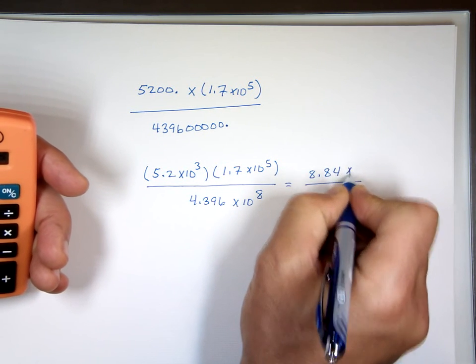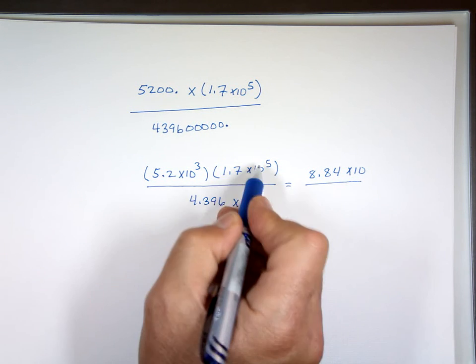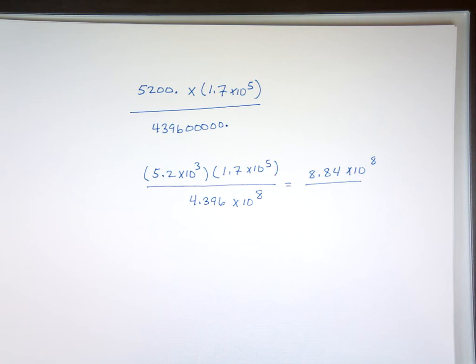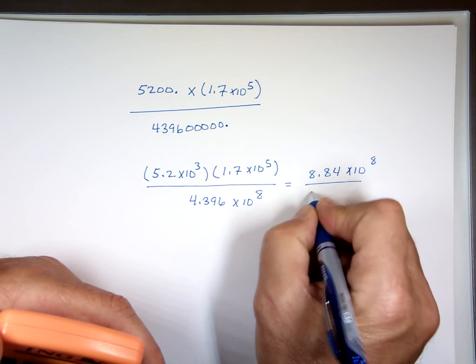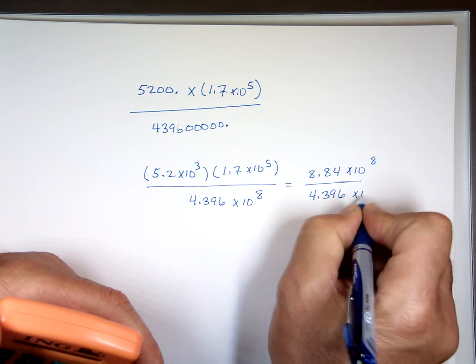When you multiply, what do you do with your exponents? Add them. What's 5 and 3? 8. 4.396 times 10 to the 8th.